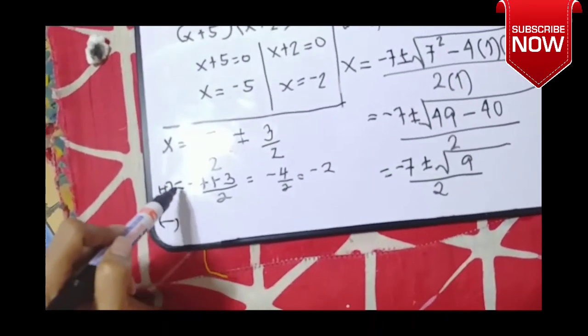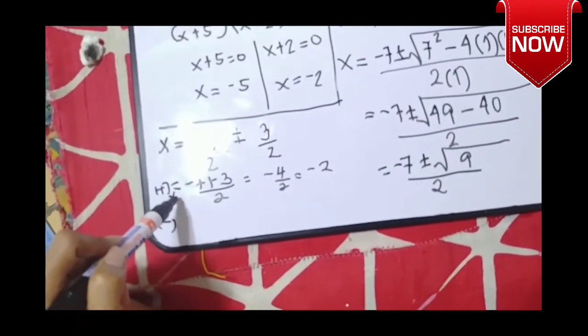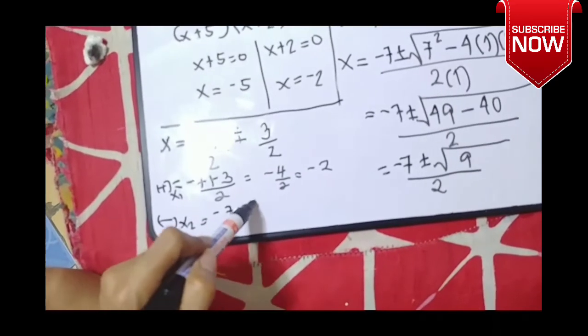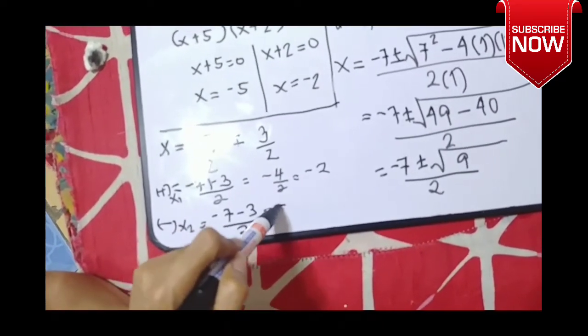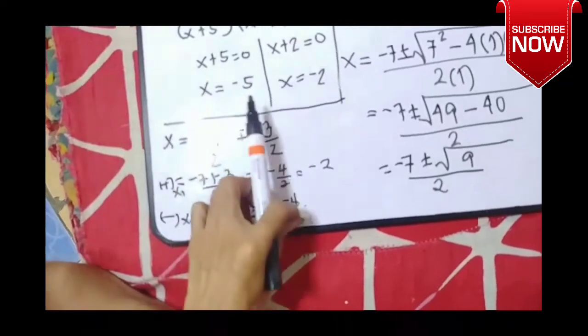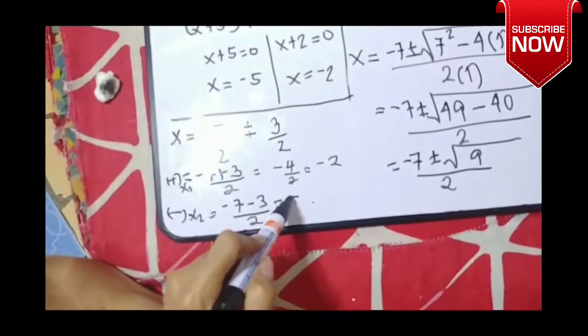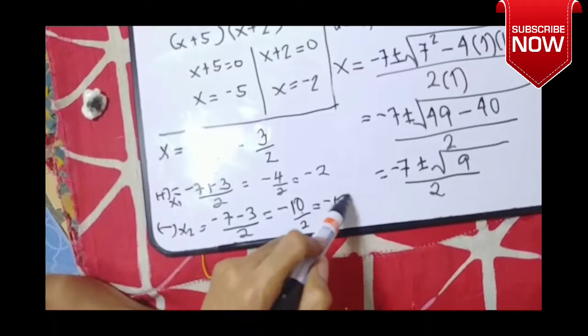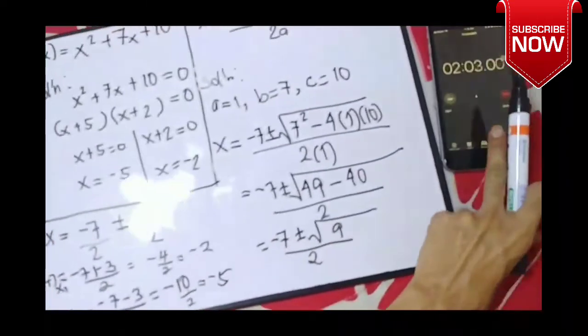Considering negative sign, let's say that is x1, x2. Negative 7 minus 3 over 2 equals negative 10 over 2, that is negative 5. So, stop.